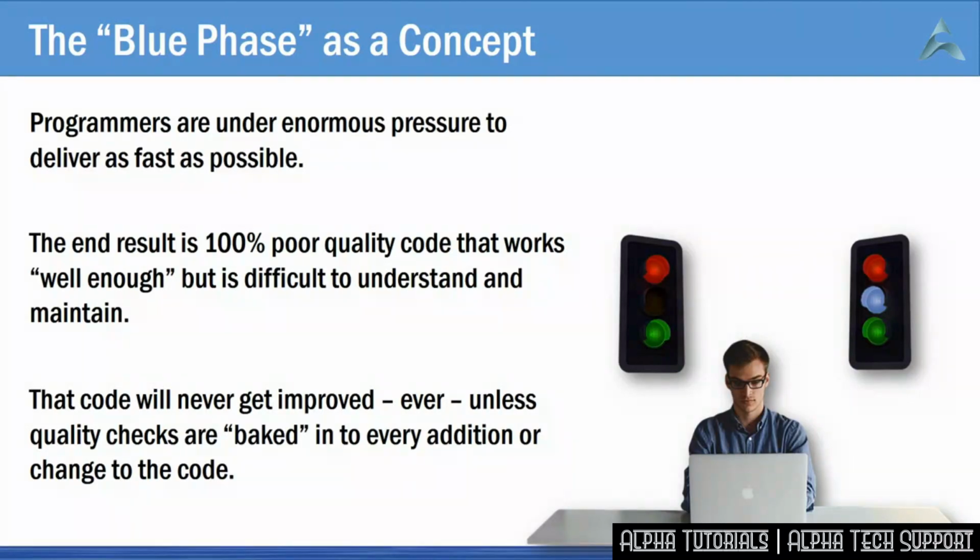The natural result of all this is a frantic rush to get something working as fast as possible using all sorts of dirty hacks and caring nothing about how stable or well written the code is. You end up with 100% of your code not being as good as it could be, and hence very difficult to understand, and hence very, very difficult to change.